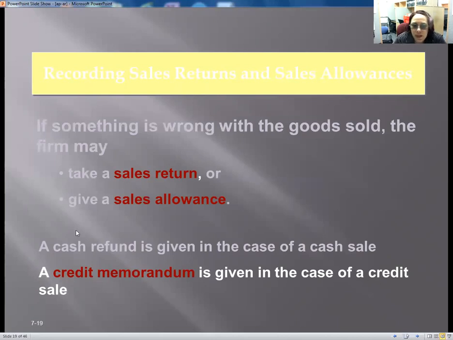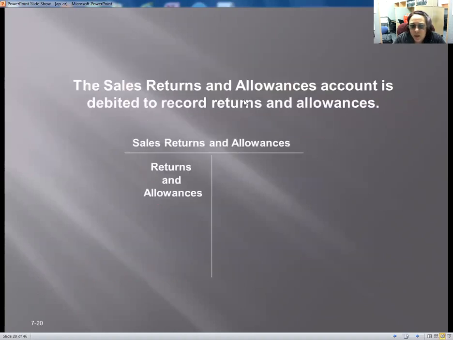So to recap, if you have a sales return, you want to credit your cash and debit your sales income. And if you have a credit accounts receivable, then you just want to do a credit memorandum to lower that balance, and it'll also lower your sales balance as well. Lovely T account. We love our T accounts.